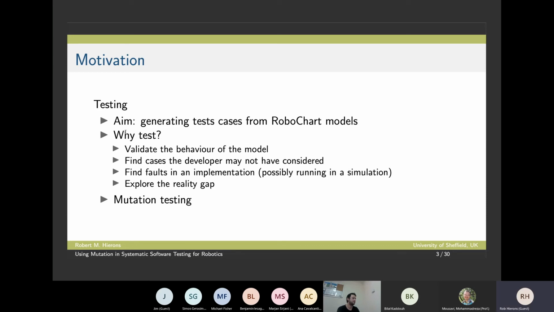Further down, we'd also like to be able to apply these tests to real systems. First of all, for software potentially running in a simulation, and then actual physical devices and robots. In terms of the latter, we also have an opportunity to explore what's called the reality gap, where, however good a simulation is, it's not the real world. You put something that works fine in simulation into the real world, and you see differences of behavior.